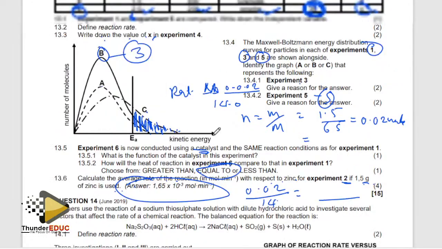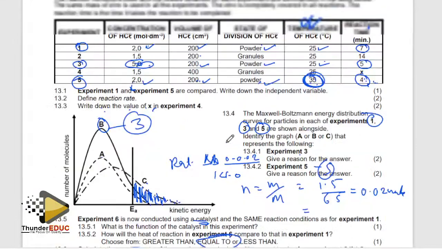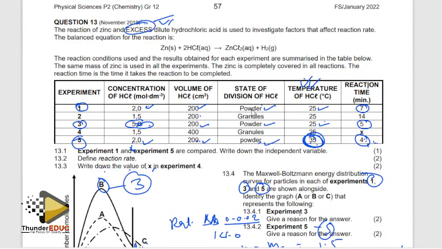So guys, basically in this topic, make sure that you know when they bring the powder, the reaction is very fast. When they bring granule, the one which has the powder has a faster rate compared to the granule. When they bring a high temperature, the one who has a high temperature is faster than the one which has a lower temperature.